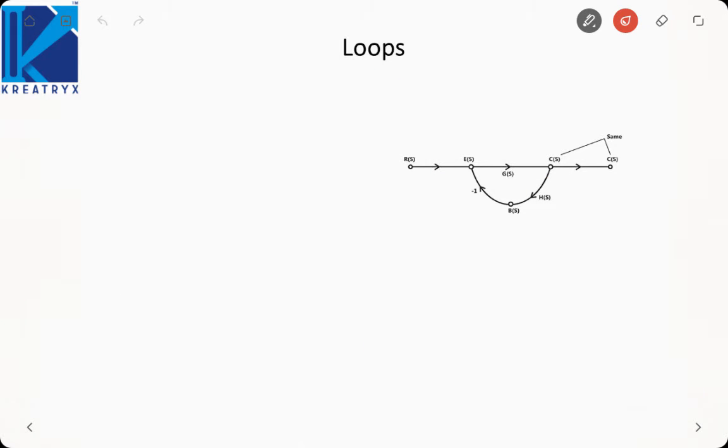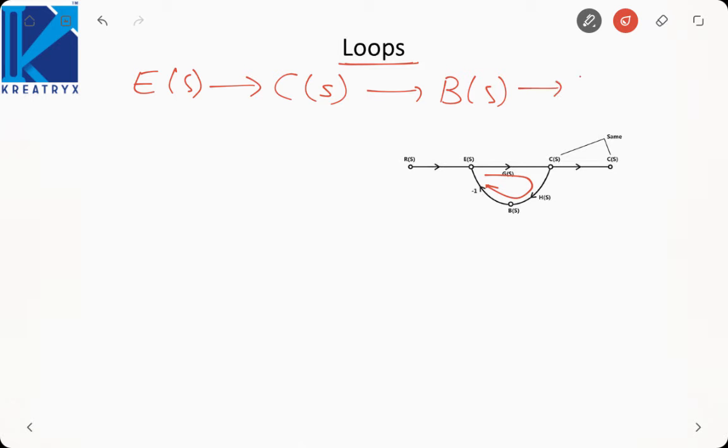Next is something called a loop. A loop is a path which has the same input and output terminal, or the same initiating and terminating point. Like if you see here, this is basically a loop. That is, we go from ES, then CS, then BS, then again ES.